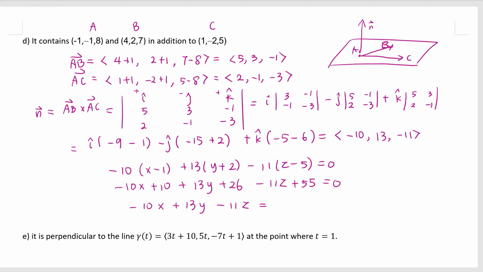Wow, the answer is 91. But when we move to the other side, it becomes negative. Sometimes if you don't like the coefficient of x being negative, we can flip the sign. We can multiply by negative 1 on each term on both sides, right? Then you can just pick this one. So this is our equation of the plane.